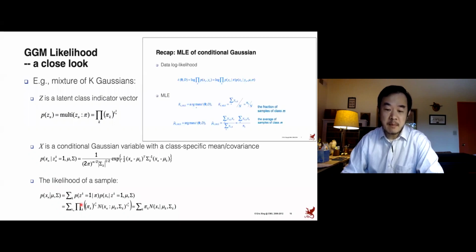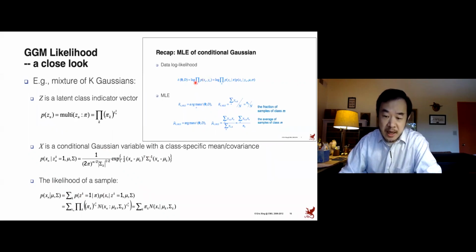And let's compare the differences between what we are facing here to what we were facing in the conditional Gaussian estimator, where everything is observed. So in there, when the z random variable is observed, you can leverage that to select samples for you to compute the estimation.